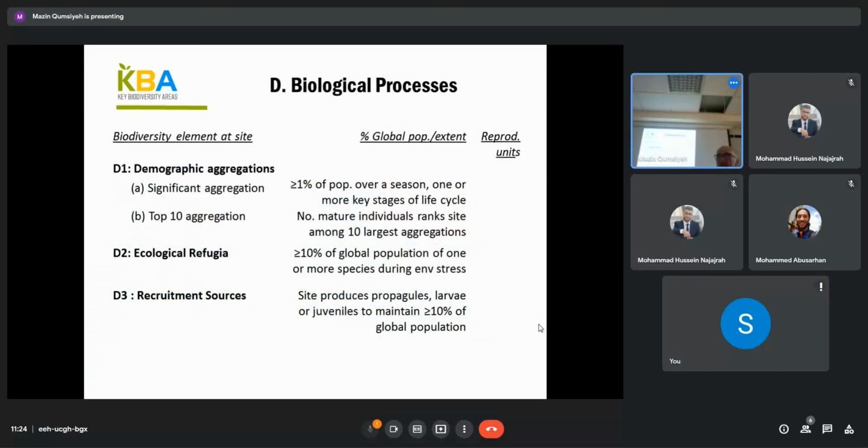There are sites which have very specific biological processes that are unique to these sites or collection of ecosystems, and it's more applicable to animals, to fauna, than to flora.